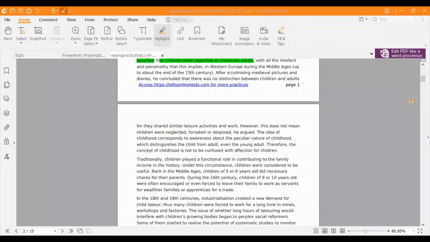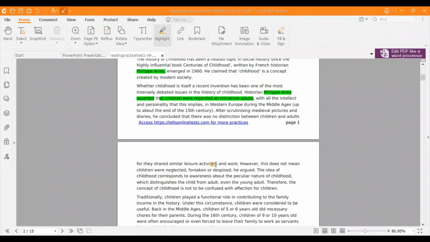Yeah, it's false, because here children of 9 or 10 years old were often encouraged or even forced to leave their family to work as servants, while their families appreciate it. Thanks for your try.